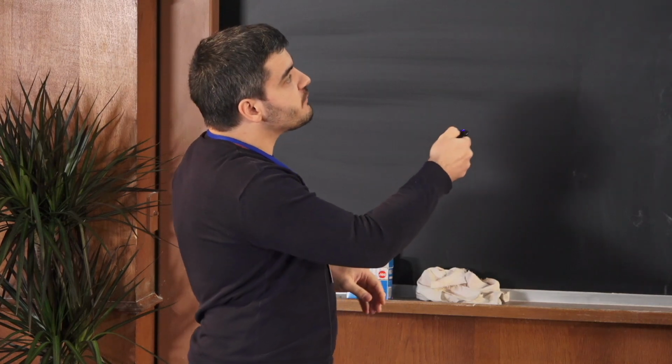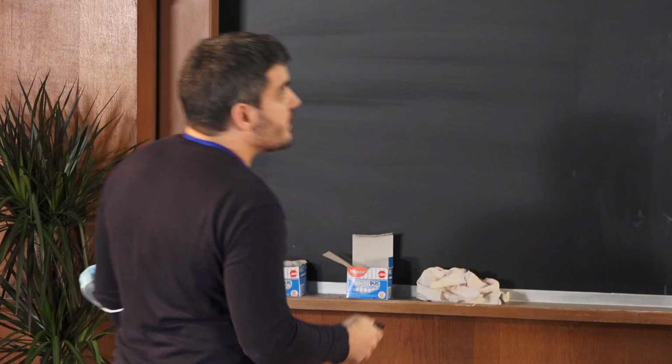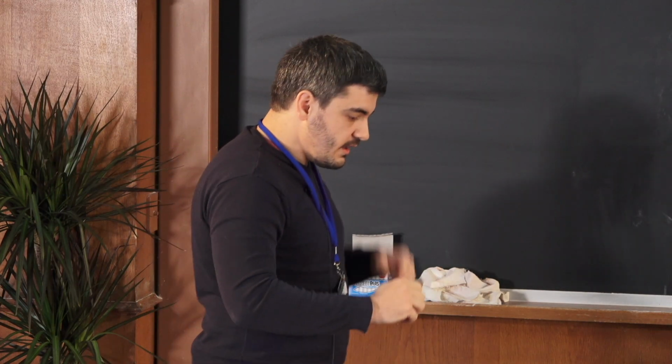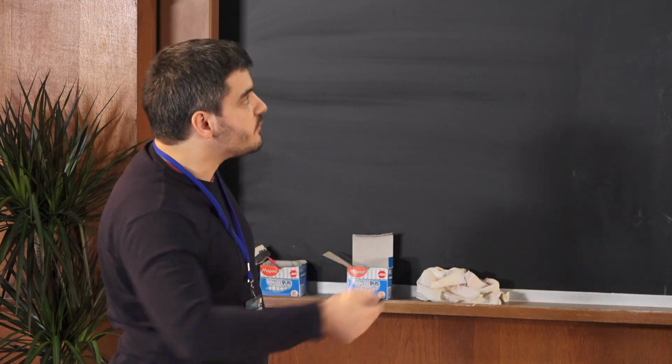We played with 2 different input sizes, where the original 2048 images were rescaled either by a factor of 2 or by a factor of 4. And here you have the training and validation losses on each side of the graph. This one is going to be more precise but slower, and this one is going to be slightly less precise but faster. So we explored a bit the influence of this input size, depending on what we want to do with it.